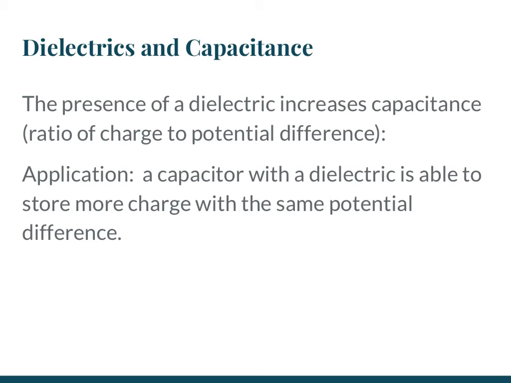So if you increase your capacitance, which is given by the equation C equals Q over delta V, that means you can also increase the amount of charge that is stored for the same potential difference. And your potential difference is driven by a battery. So if you want to keep the same size battery but get more charge stored, you have to increase the capacitance. And inserting a dielectric is a really good way to do that.